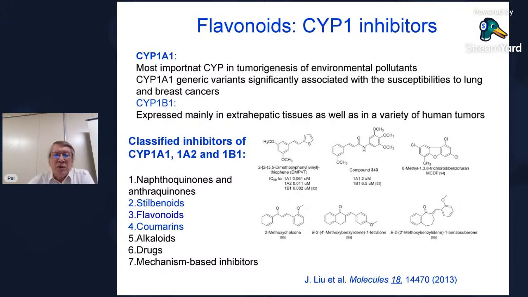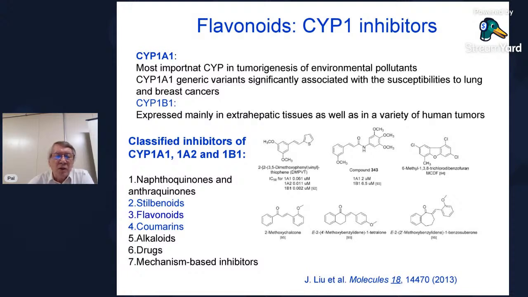The other approach is to inhibit the cytochrome P450 1A enzymes and prevent formation of the dihydroxy epoxides of the polycyclic aromatic hydrocarbons. Among the cytochrome P450 1A inhibitors, there are a lot of different classes of natural products.